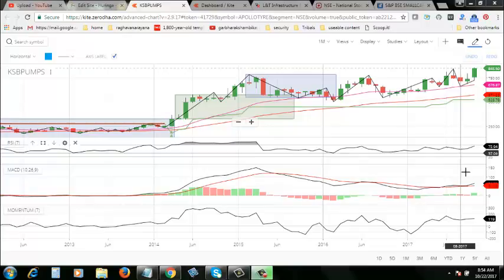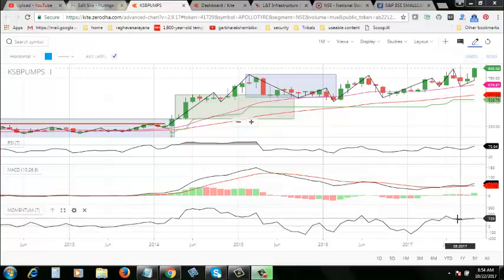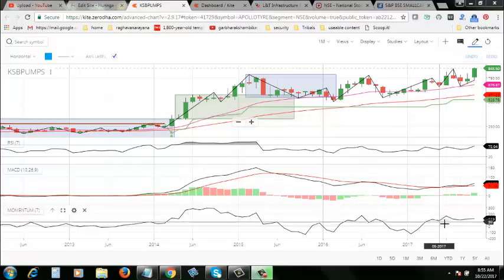Okay, look at the momentum. The momentum is on top of the baseline, and it is running parallel to the baseline here. That indicates a slight rise is there, but it is not up to the mark.